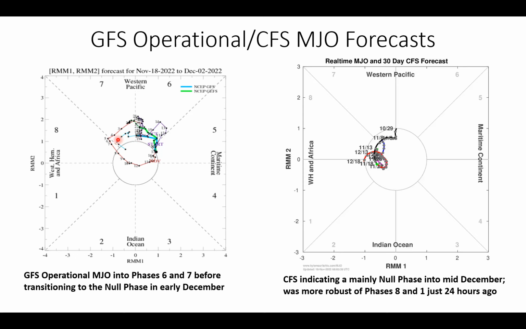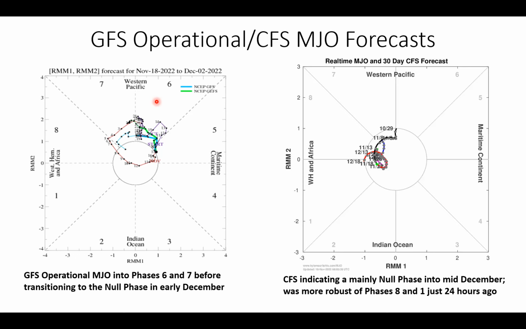But you notice the abrupt left-hand turn on the GFS operational forecast for the MJO back to the null phase by December 2nd.